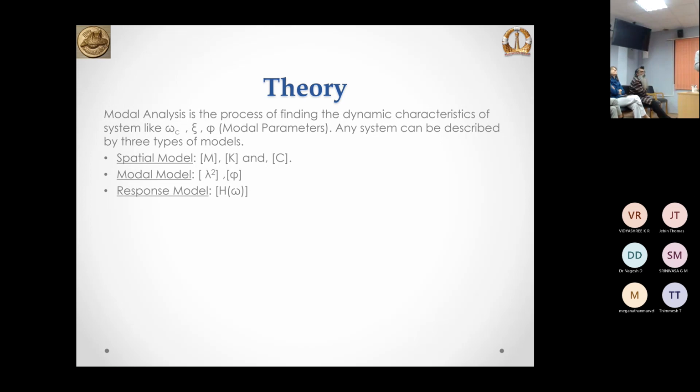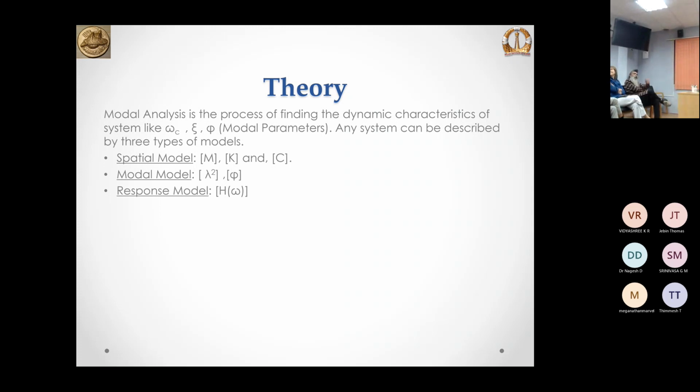we are going to see that just three models are possible to represent: spatial model, modal model, and the response model. Spatial model is where you give the specifications of the structure as a mass matrix, stiffness matrix, and damping matrix. That is one. Second is as eigen frequencies and mode shapes.